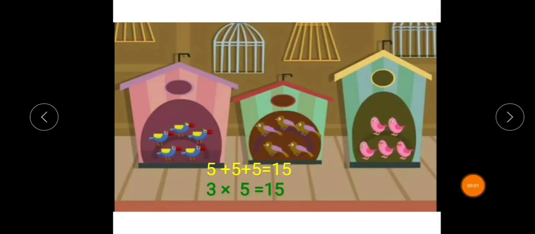Yes, we know that to get the total number of birds, we have to add the number of birds in all bird houses. That means 5 plus 5 plus 5 is equal to 15. Then let's look at how we can write this multiplication operation using the multiplication symbol. Here we can write it as 3 multiplied by 5 equals 15.